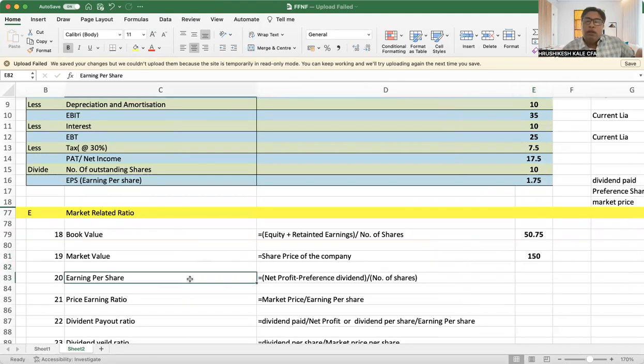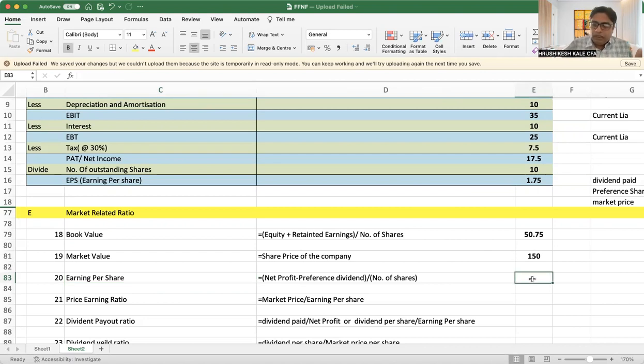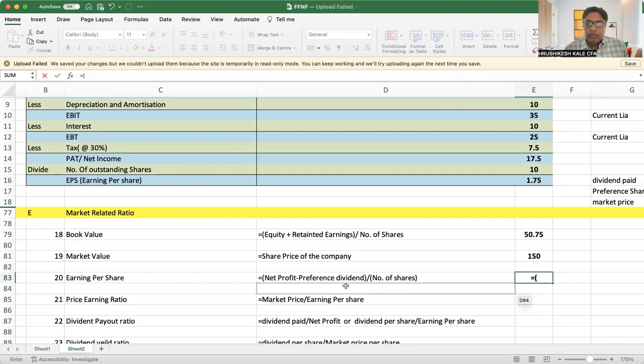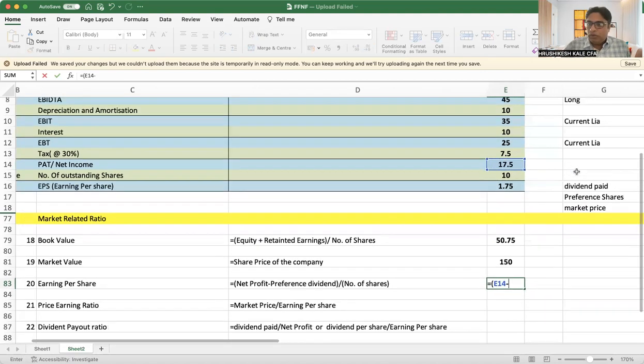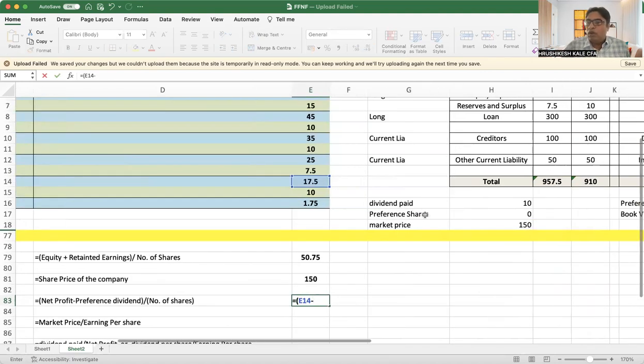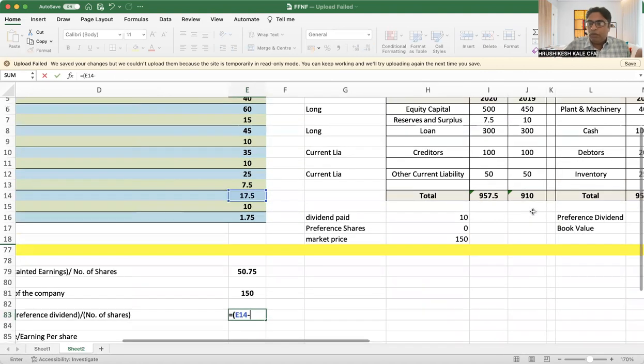Now, first we will calculate earning per share. How much each shareholder is earning every year or in the last year. We will be looking at just the last year. So, earning per share, the formula is very simple. The formula says net profit, so my net profit is 17.5, minus preference dividend. How much is the preference dividend? Look, there are no preference shares, so there will be no preference dividend.